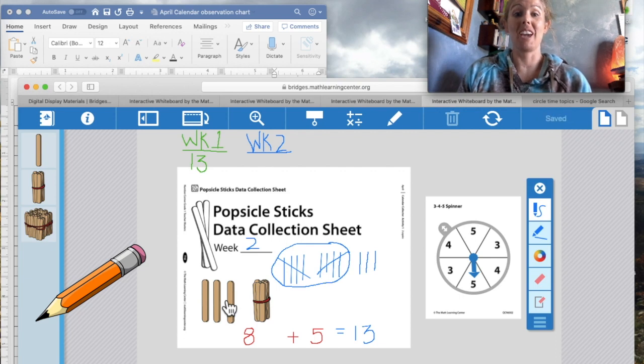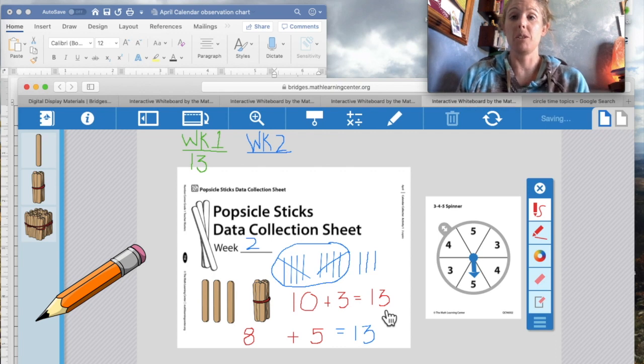Ooh, I heard somebody say it. They said, Miss Gansko, 10 plus 3. 10 plus 3, we're going to put that in red. 10 plus 3 equals 13. So we have collected 13 popsicle sticks today.